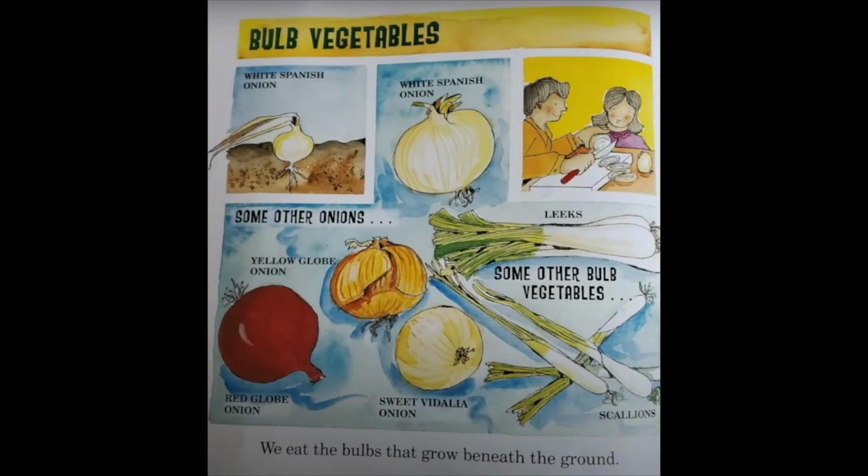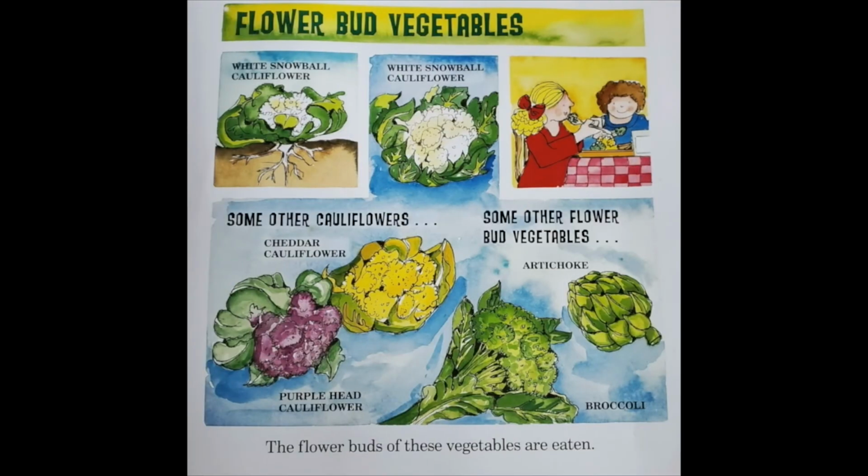We eat the bulbs that grow beneath the ground. For example, white Spanish onion, leeks, scallion, red glory onion, and sweet Vidalia onion. The flower buds of these vegetables are eaten: broccoli, artichoke, and cauliflower.